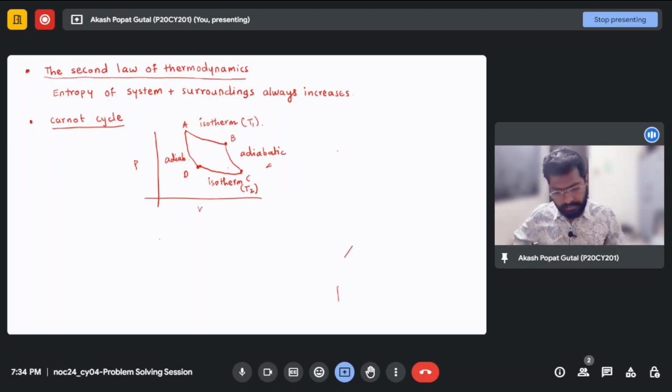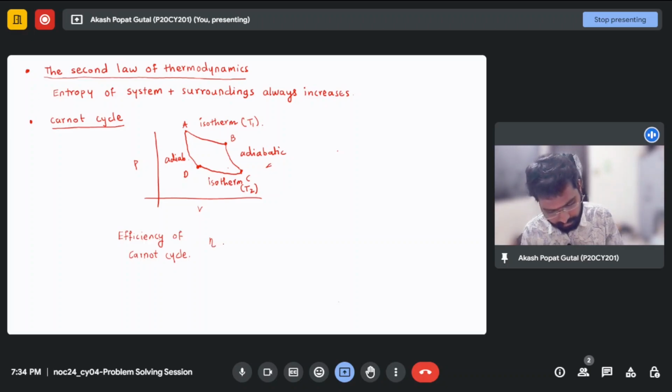Okay? And we have defined the efficiency of the Carnot cycle, or in that sense of any engine, as 1 plus q3 by q1, where q1 is the heat getting inside in the first process, the expansion a to b, and for c to d the heat is q3.